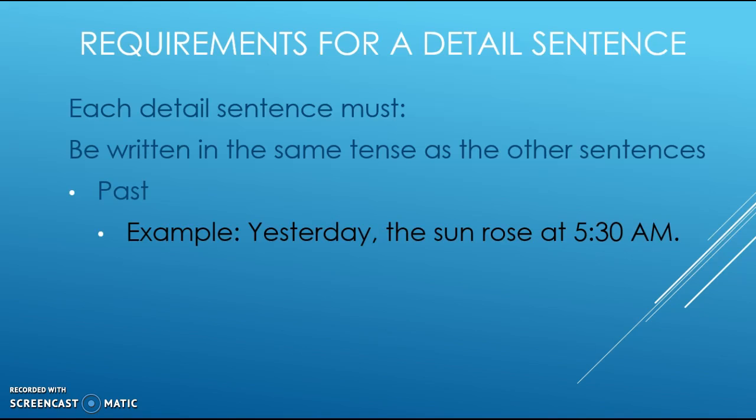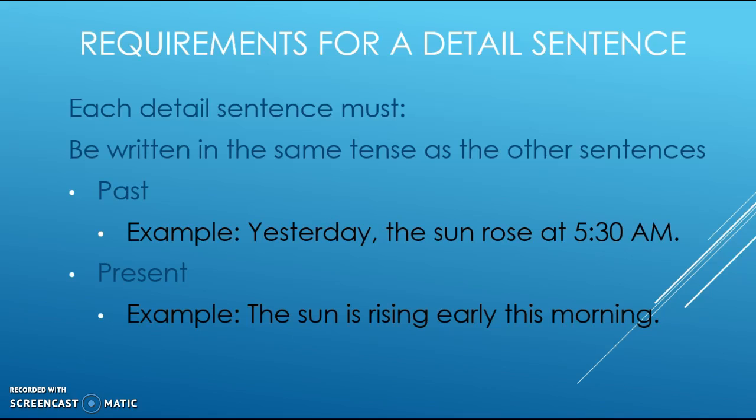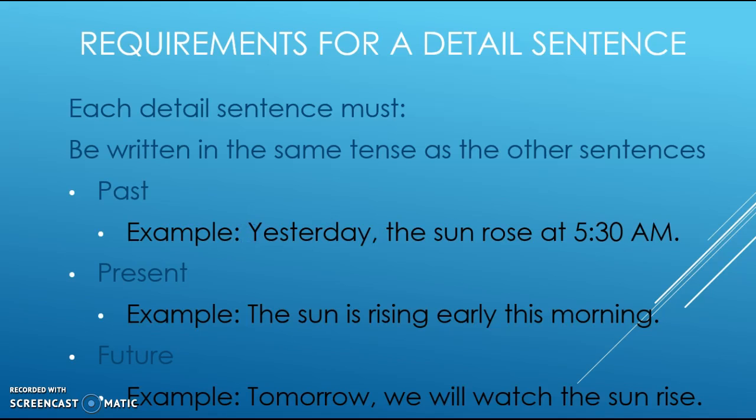An example of past is yesterday the sun rose at 5:30 a.m. If you use that one, then you'd have to use past for the whole paragraph. Present, an example of present is the sun is rising early this morning. And a future example of that, tomorrow we will watch the sunrise. So once again, you need to make sure that you use the same one for the whole paragraph.